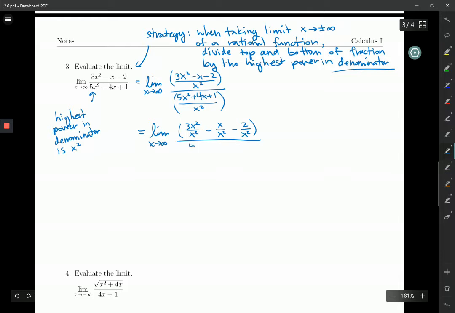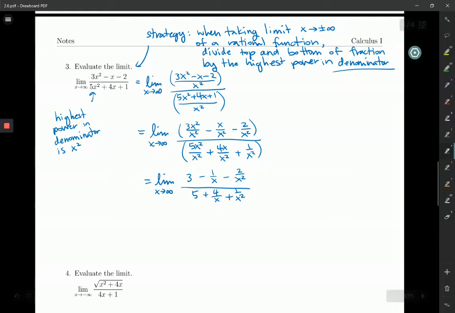And then in the denominator, we'll get 5x squared over x squared plus 4x over x squared plus 1 over x squared, right? Okay, now let's do some simplifying. Some of these powers of x will cancel. Like here, we'll just get 3, and then we'll get 1 over x minus 2 over x squared. That one stays the same. And then in the denominator, we get 5 plus 4 over x plus 1 over x squared.